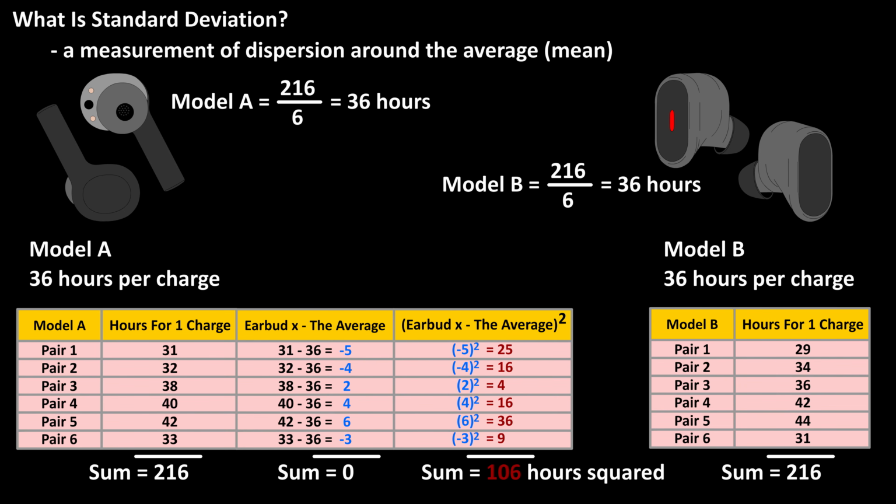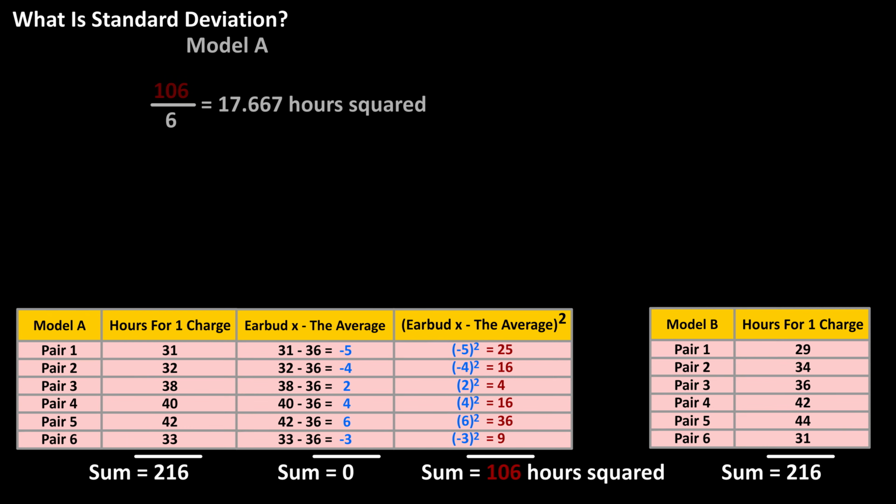Now that column 4 is complete, we will sum that up, or add up the column, which results in 106 hours squared. The next step in calculating the standard deviation is to take the result from column 4 and divide it by the number of data points, or in this case the number of pairs of earbuds of Model A, which is 6. So 106 hours squared divided by 6 results in 17.667 hours squared, rounded off.